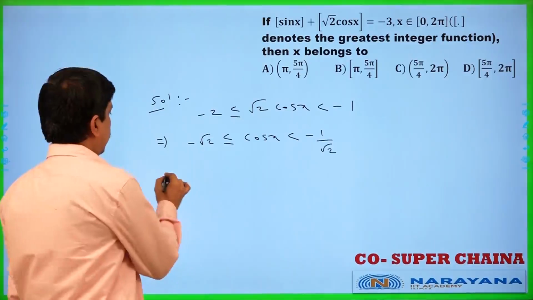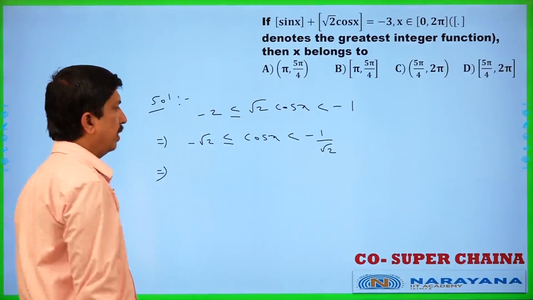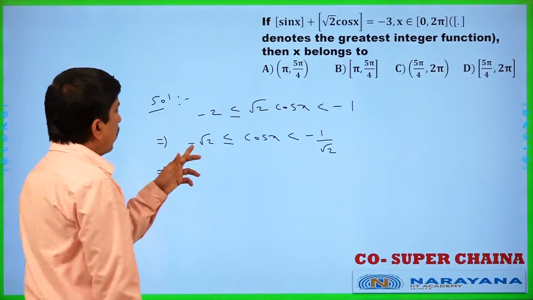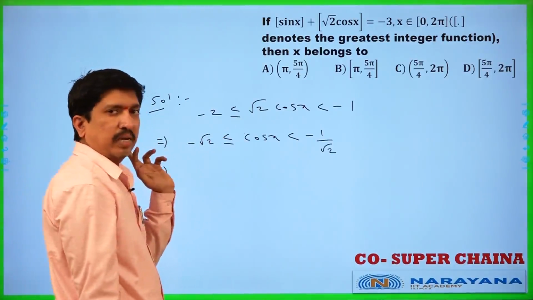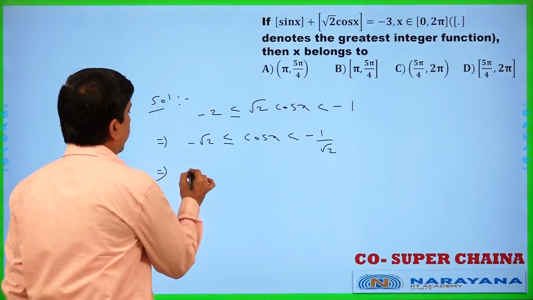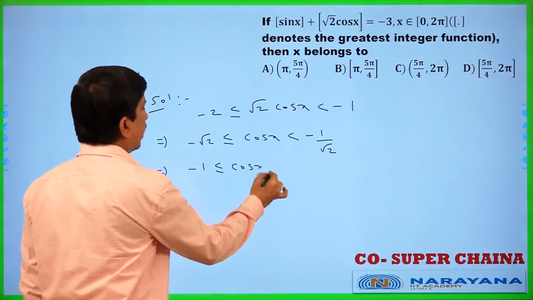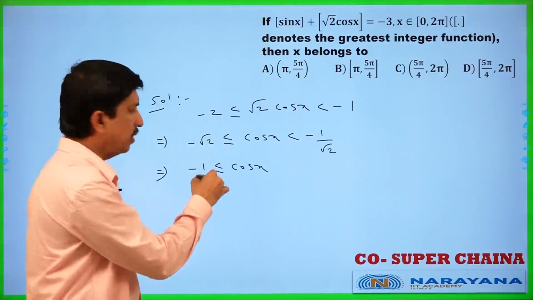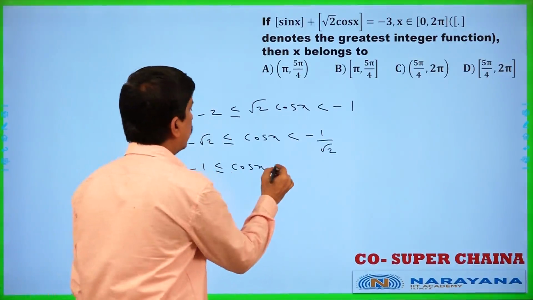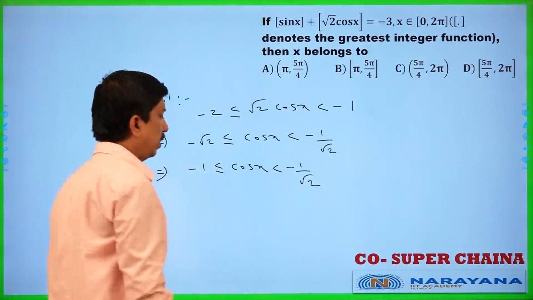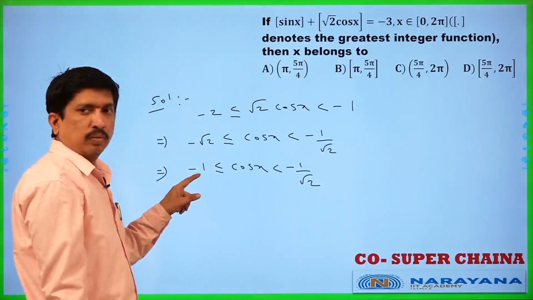So the cos x minimum value that you will get is nothing but minus 1. So minus 1 to plus 1 is the cos x range. Now minus 1 less than or equal to cos x less than minus 1 by root 2 only. This is possible.